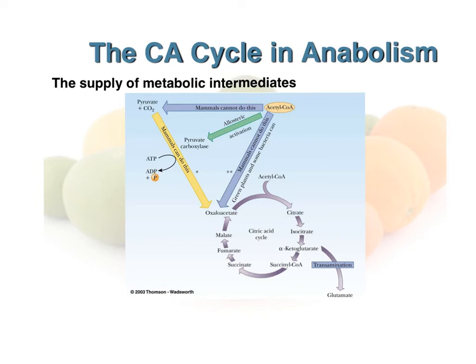Please note, this isn't my favorite one because it shows you things that we can't do. And so that's why we don't go this way, we go this way, but we, as in mammals, this is the way that we go for anabolism, but there are other organisms that can go about different ways as well, okay? But this is just to show you that we can go ahead and feed back into the citric acid cycle.